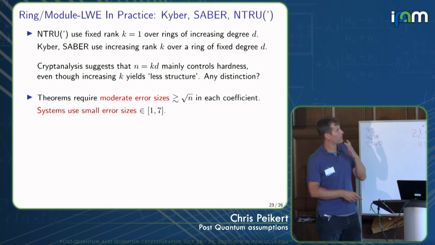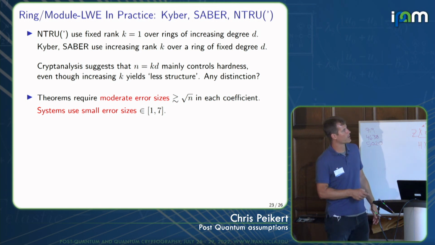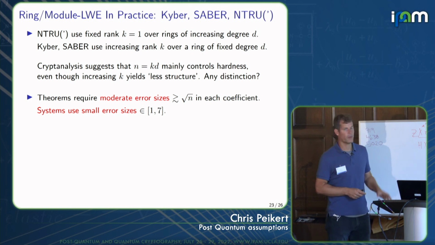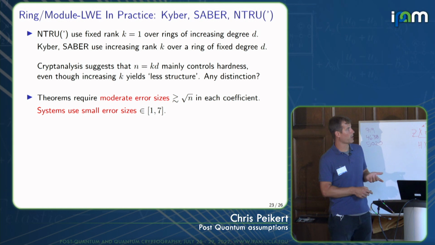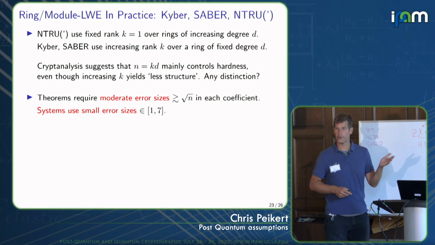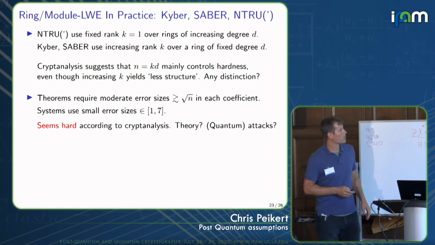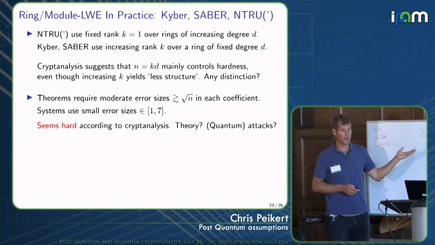Second thing, that's another issue that came up also with Frodo. The hardness theorems require you to use error sizes that are on the order of square root n or even a bit bigger in all the coefficients of the error polynomials. But these systems use quite small error sizes, 1 or 2 or 7, something quite a bit smaller. And so again, this seems to be hard according to cryptanalysis.